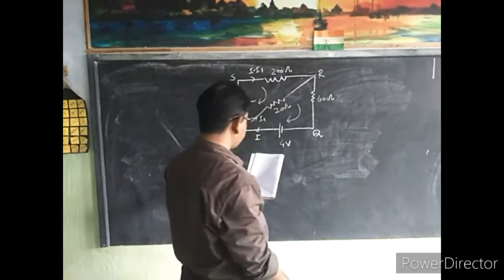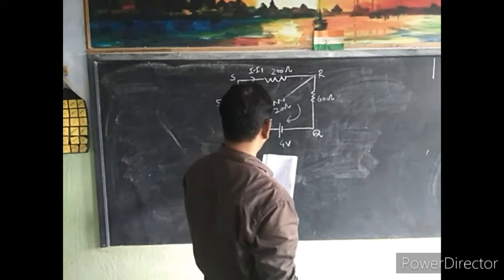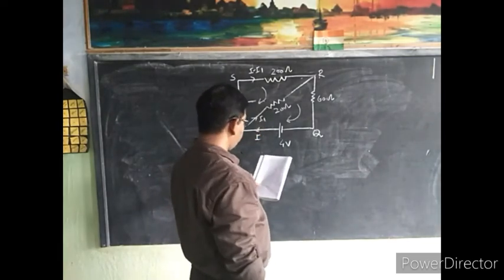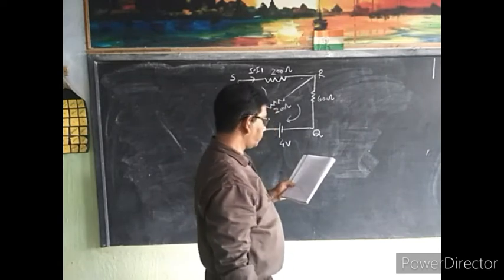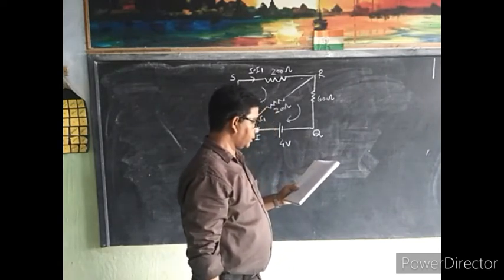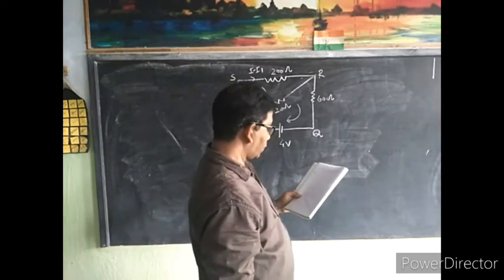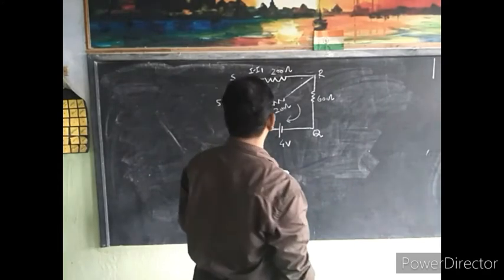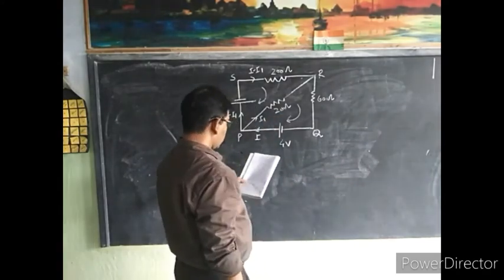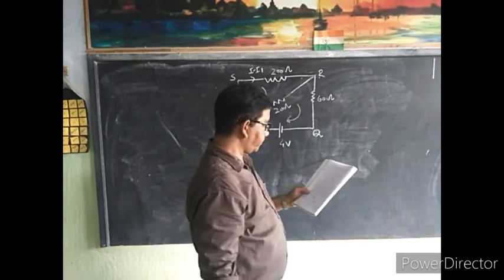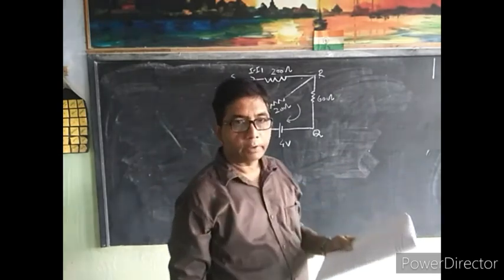If a milliammeter of 20 ohm resistance is connected between P and R, calculate the reading of the milliammeter.